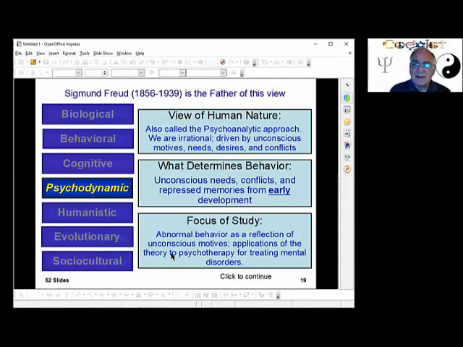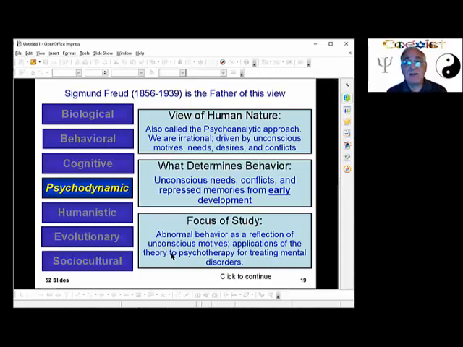Now, we can also recognize them, but one of the most interesting parts of the psychodynamic view is the unconscious. And we'll study that in another unit. What determines our behavior is the unconscious needs, conflicts, and repressed memories from early development. This is really strange for some students, but it doesn't matter to Freud what happened to you after the age of 21.